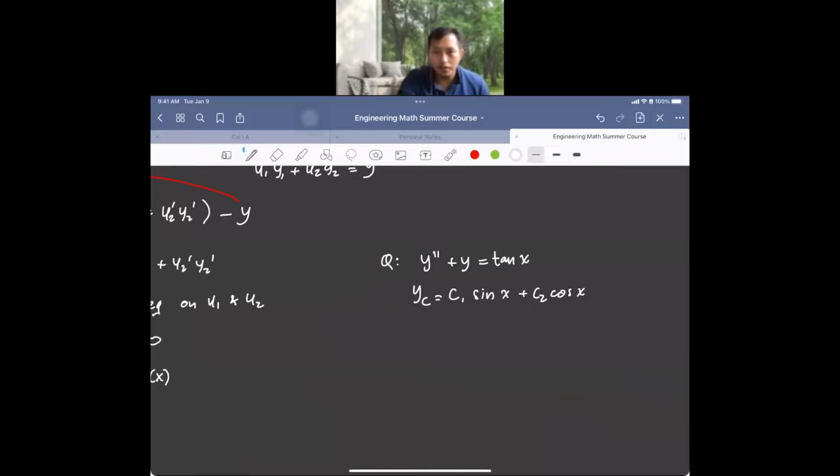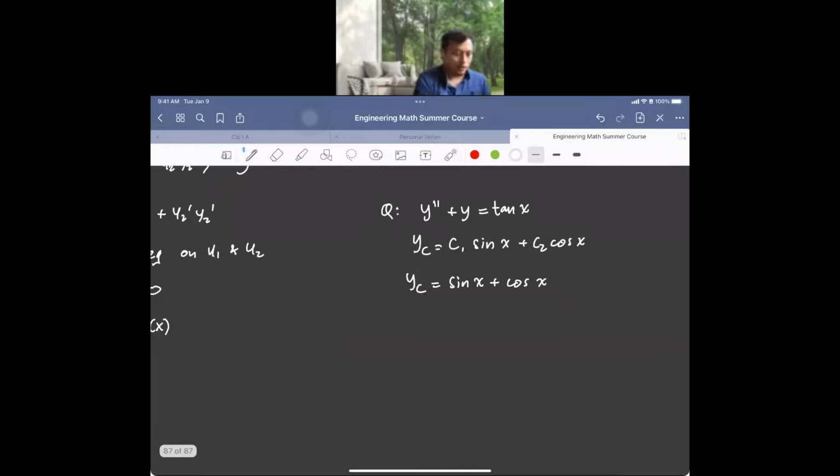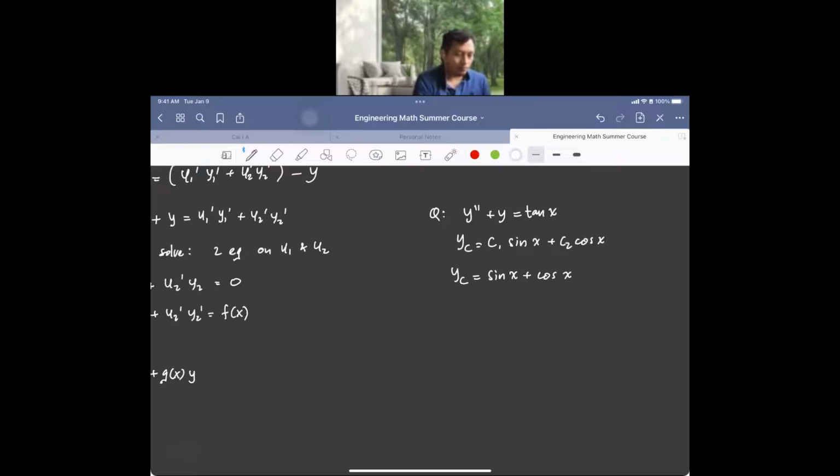And I think we can just say that C1 and C2 are just 1. So this is y1 and y2.